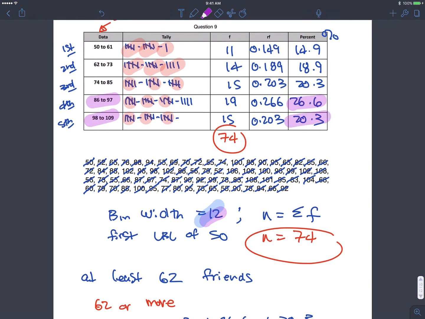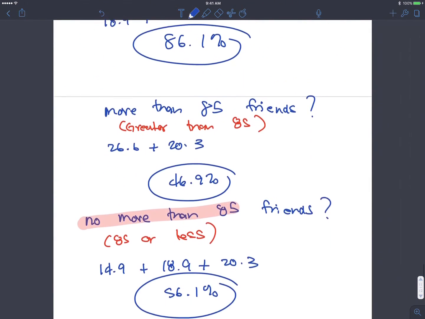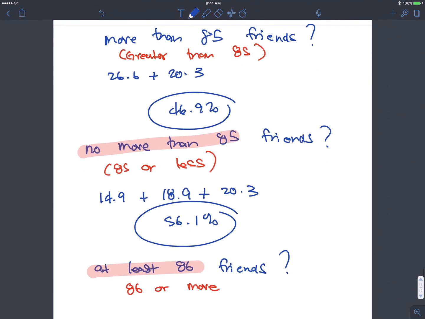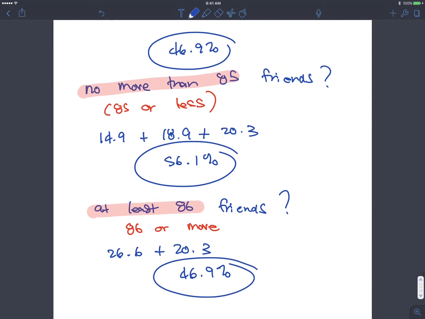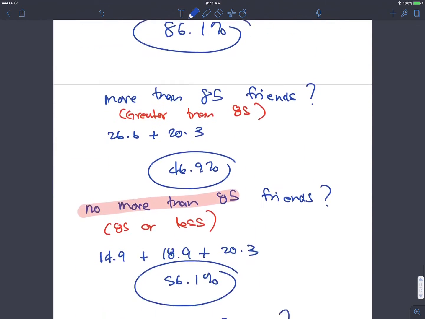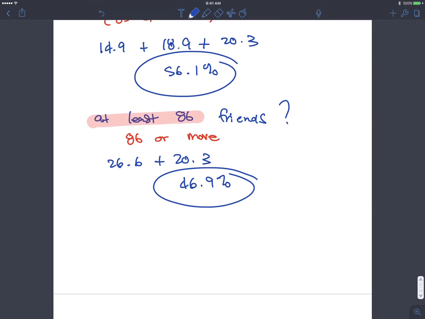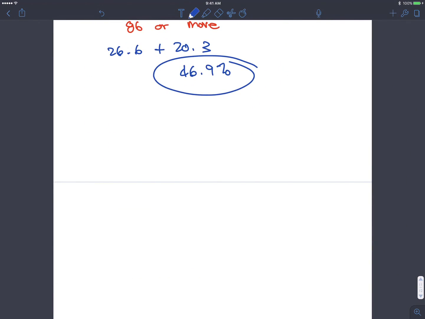We get 26.6 and 20.3. That looks familiar, it's the same as more than 85. So 26.6 plus 20.3 gives us 46.9%. 46.9% of the sample has at least 86 friends.